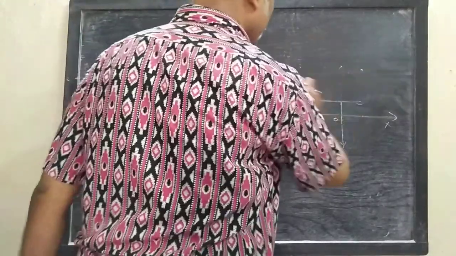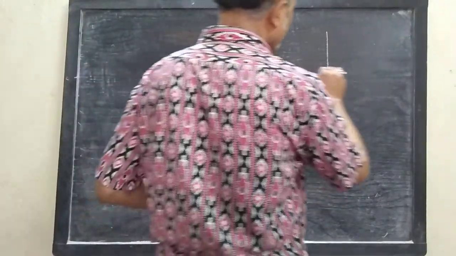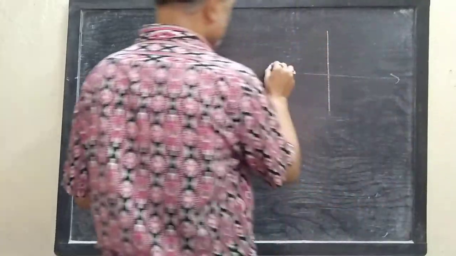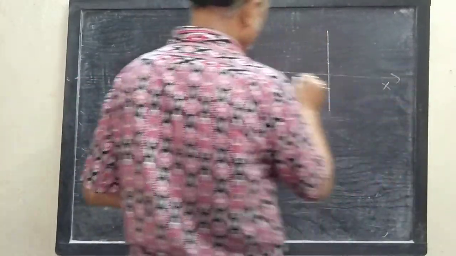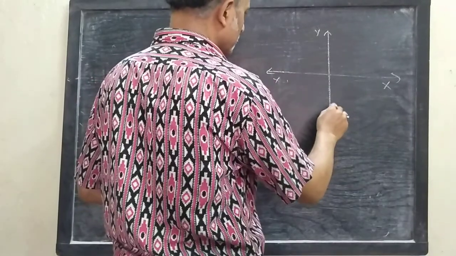Next, reflection in a line parallel to the x-axis. Suppose these are the axes. This is the x-axis. This is the y-axis.